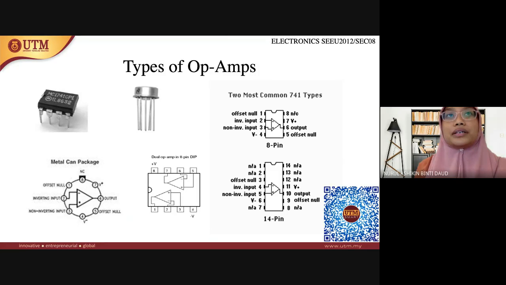So it looks like this if you buy it in the market. How to read it? It has a lot of legs here.